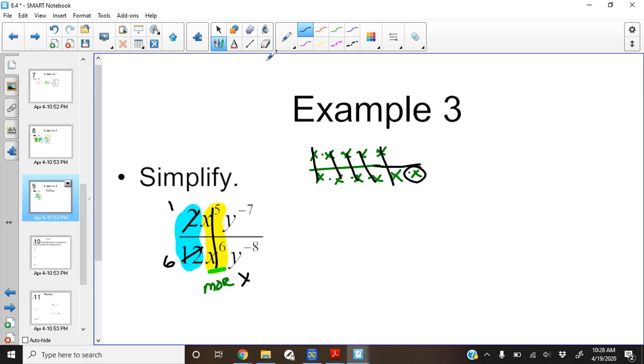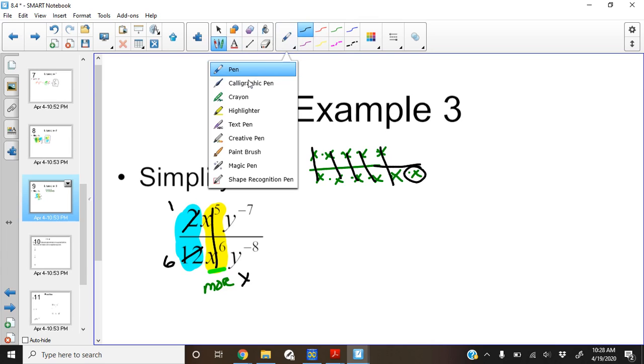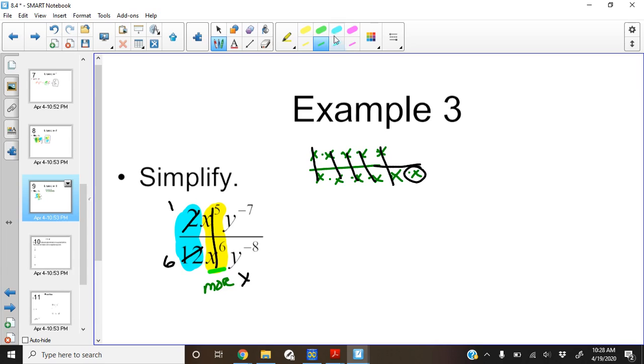And then again, if you would like, and I'm showing you lots of different ways you can approach these problems, you can go ahead and move y to the negative 7 down and y to the negative 8 up.